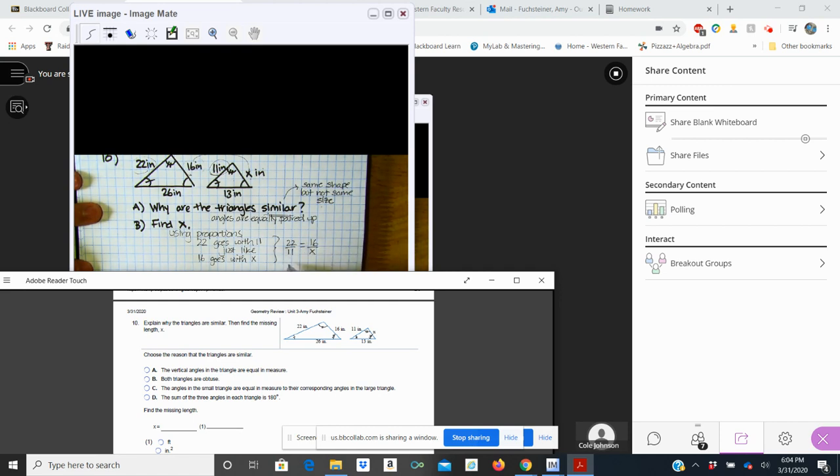Now I can cross multiply. 22x is 176. Dividing that by 22, I get 8.